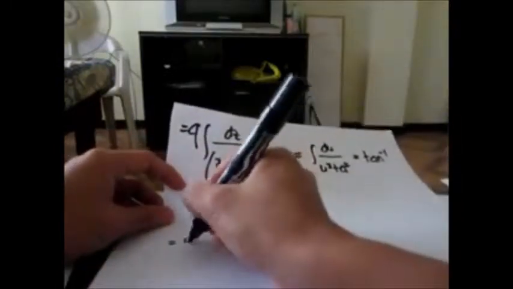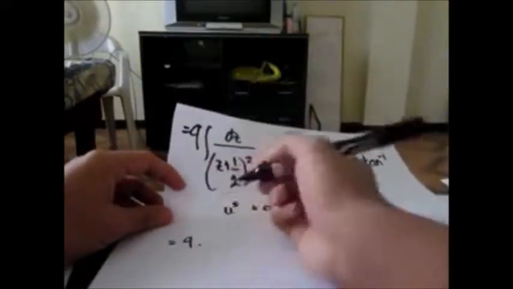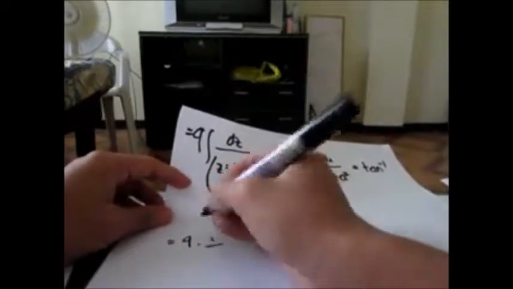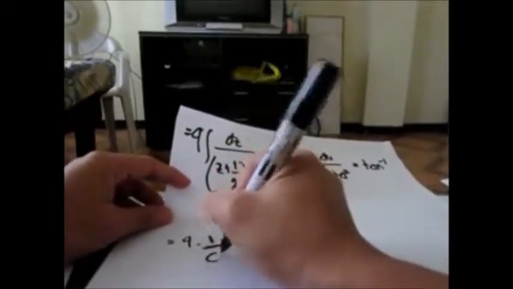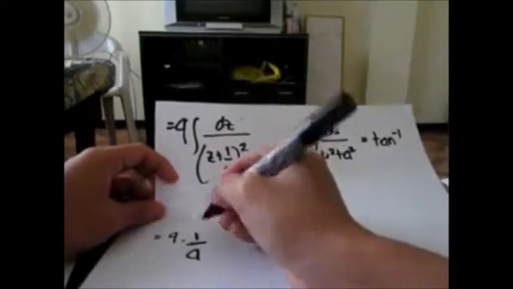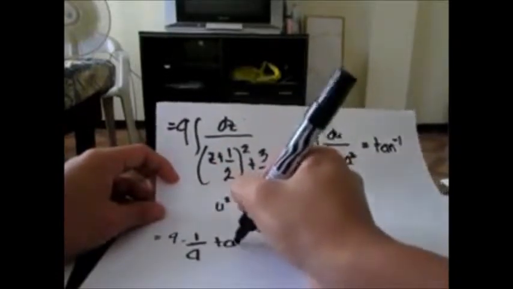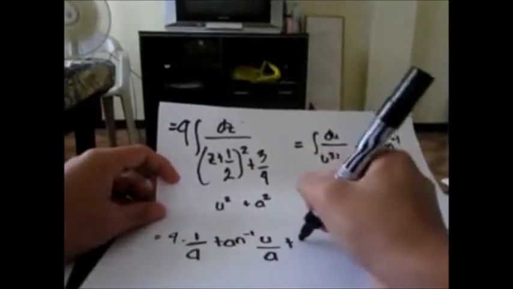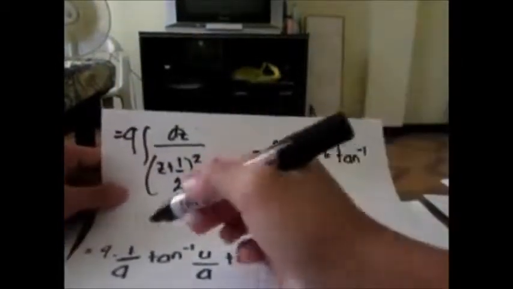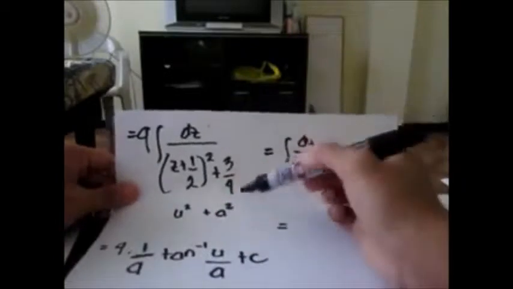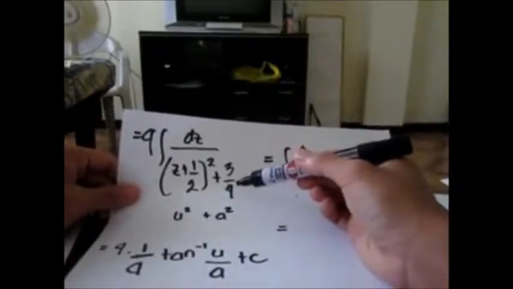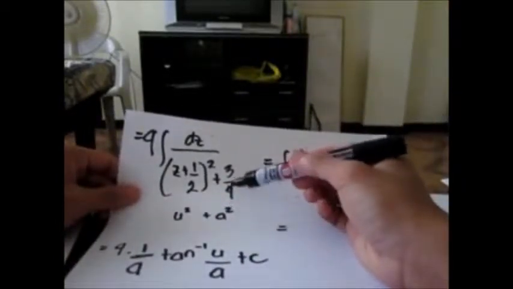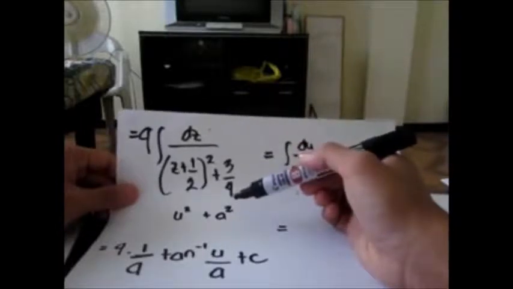So this will now become 9 times 1 over a tangent inverse u over a plus c. Now, remember that a squared is your 3/4, meaning a will now be equal to square root of 3 over 2.